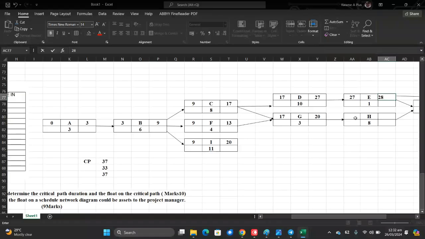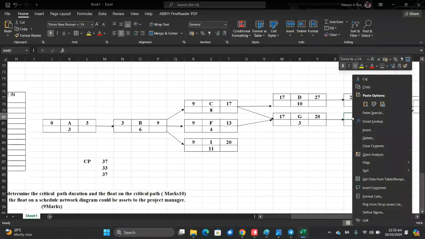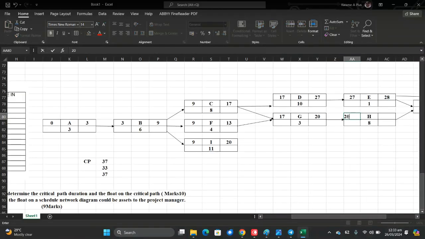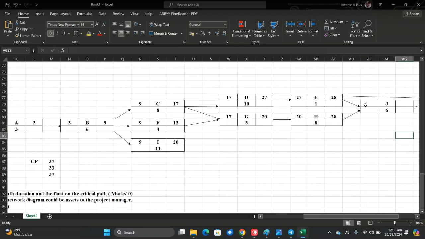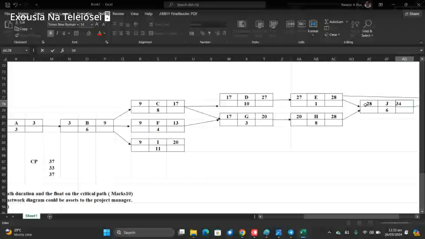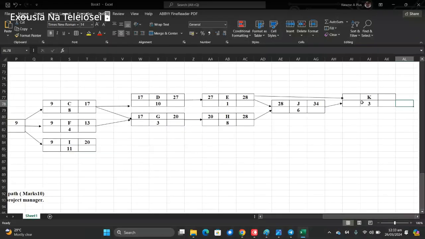And then here becomes 20. And then here becomes 28. And then here becomes 28. Then here becomes 34. Here becomes 34. Here becomes 37.